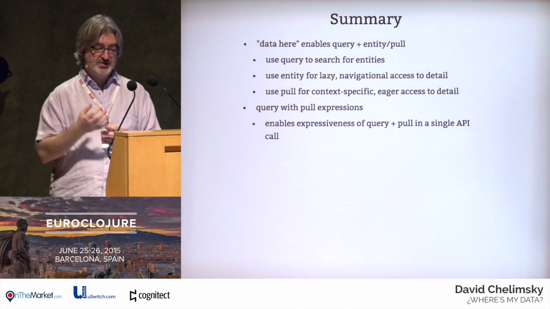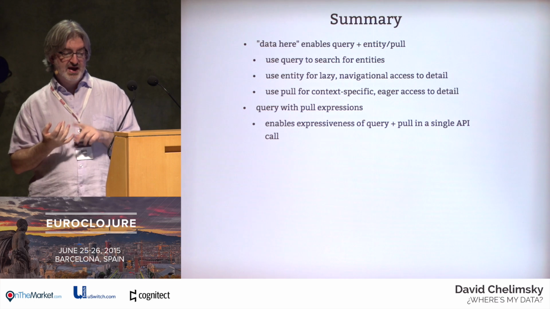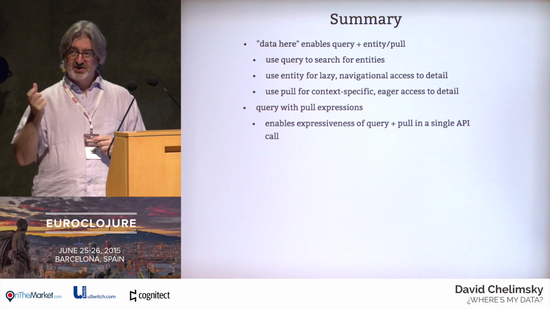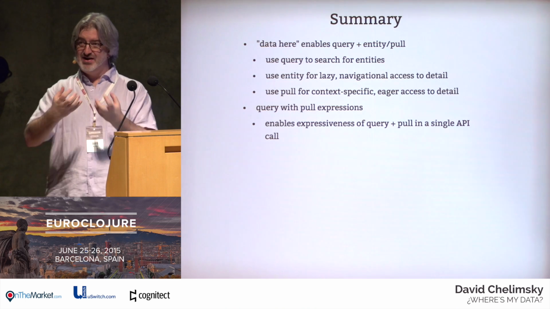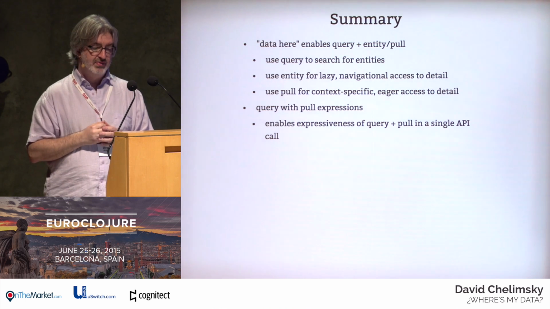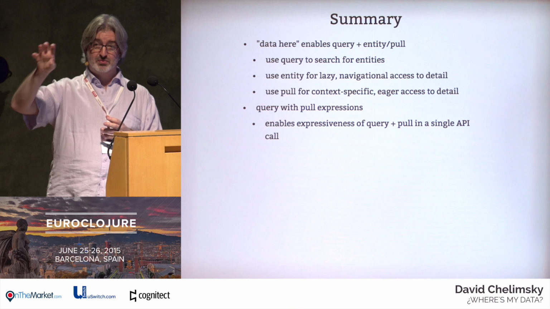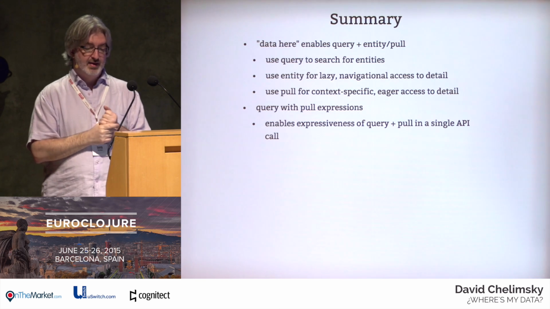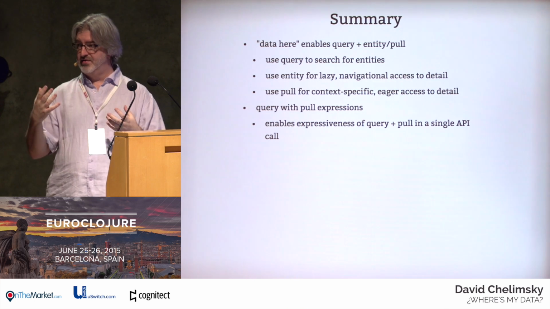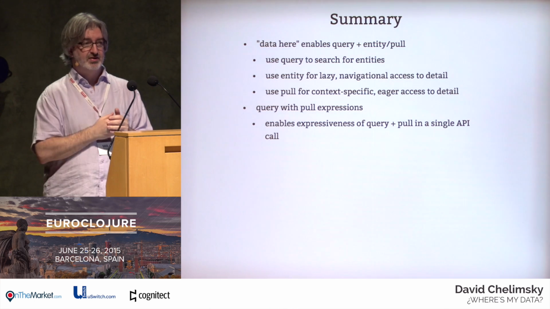So you can use query just to get the entities. You can use entity to get lazy navigational access to the detail, or you can use pull for context-specific eager access to the detail. And then you can also use pull right inside your query, which is something you can't do with the entity API. It gives you all the expressiveness and power of all of those things combined in a single API call.